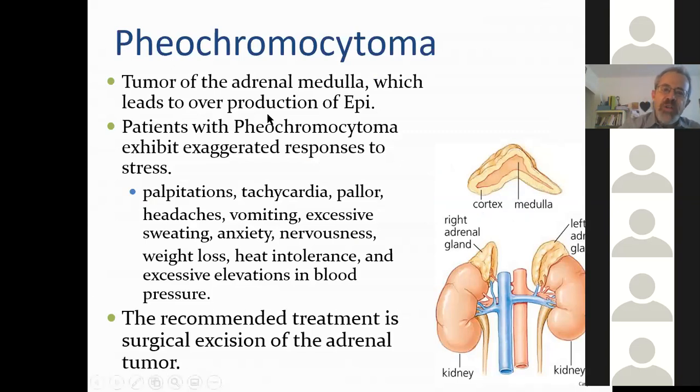The adrenal medulla produces norepinephrine and epinephrine, so if someone has a tumor of this gland, instead of producing it just when we need it, it's producing it constantly. Think of a constant fight or flight response: heart palpitations, sweating, anxiety, increased blood pressure, constantly. Not a really good situation.